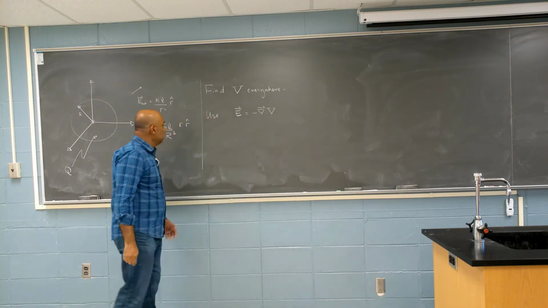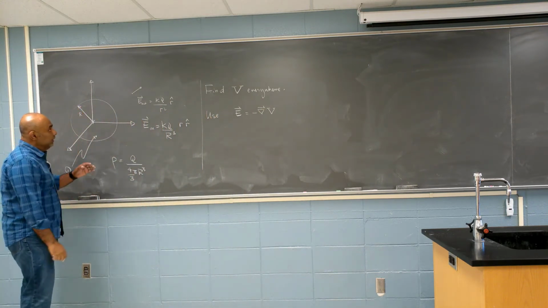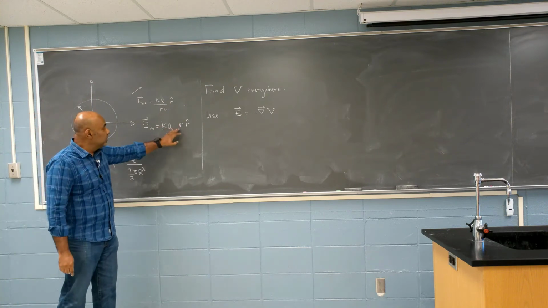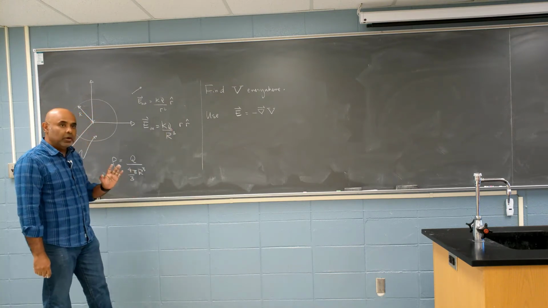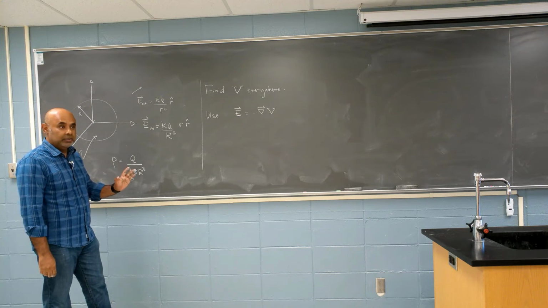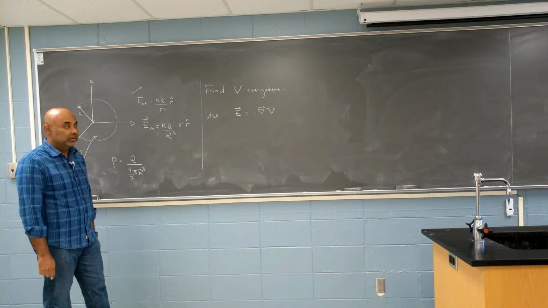If you notice, for both inside and outside, the electric field is only radial and it has only R dependence. So V is only going to be a function of R. Look at the formula for gradient in spherical coordinate system and find the R component.